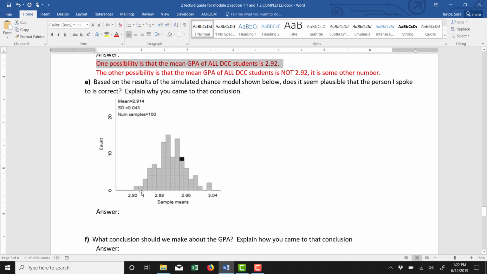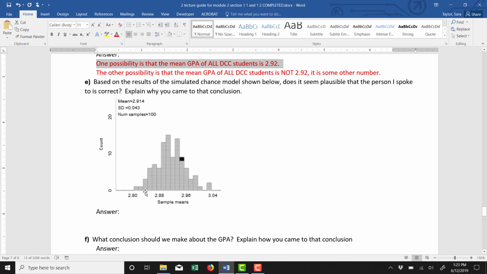About half the sample statistics are below 2.92, about half are above 2.92. This chance model shows that if the mean GPA is 2.92, then when we collect a sample of 63 students, we should expect to get a sample statistic similar to one of these.